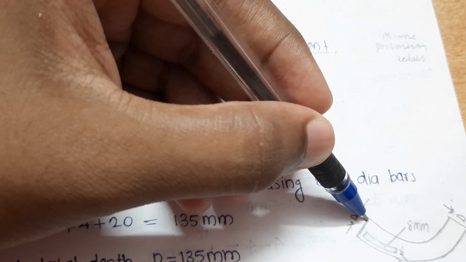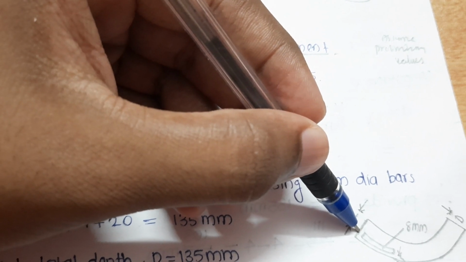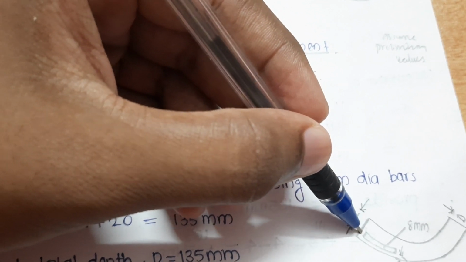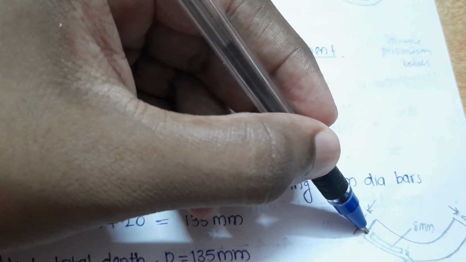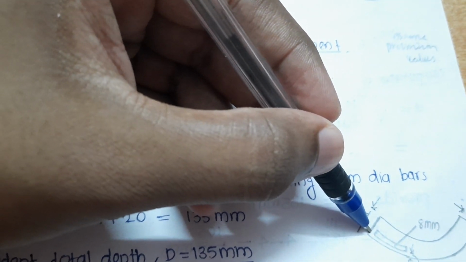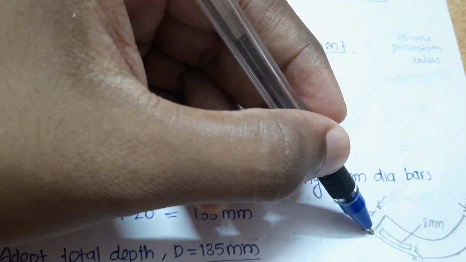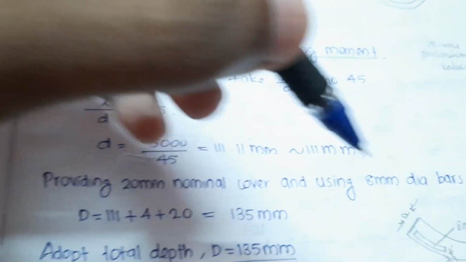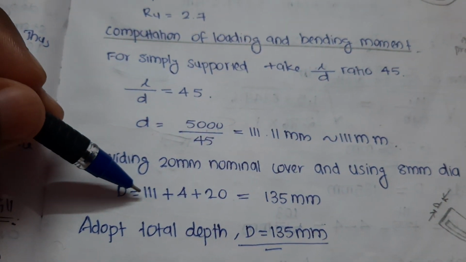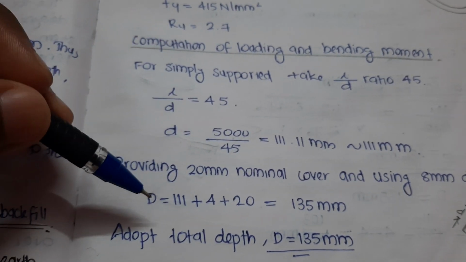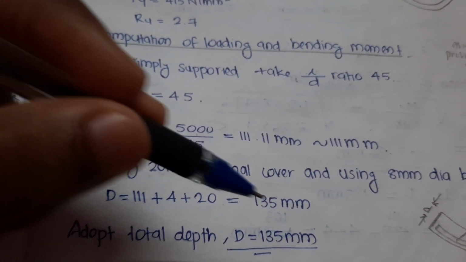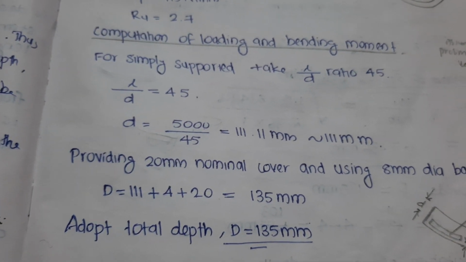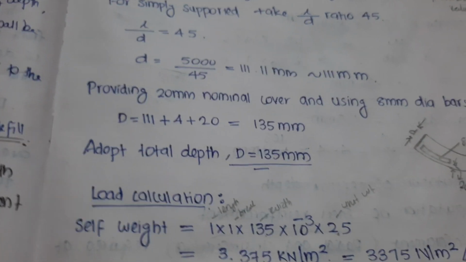Then the remaining is 4 mm, half dia of the bar, and 20 mm nominal cover. So adding these two values to 111 mm, that is 111 plus 4 plus 20, we will get 135 mm as the total depth.